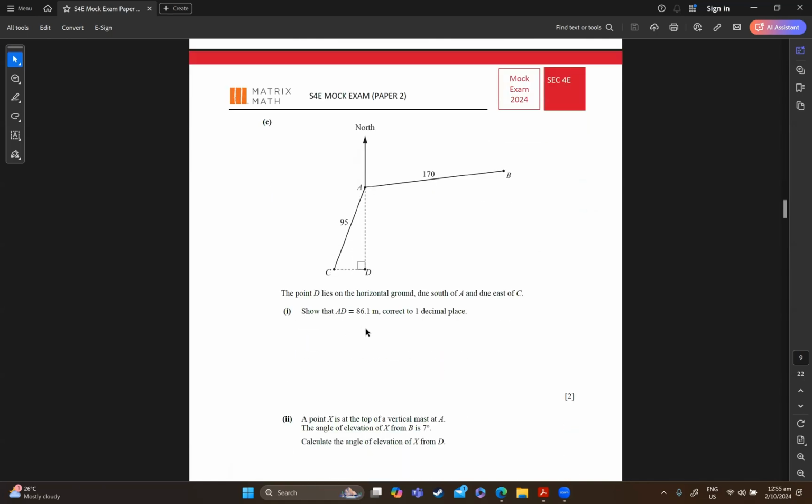Okay, part c(i), show that AD is 86.1. So this is actually based off the diagram above. So we found out that this is 25 degrees, right? So using alternate angles, this should also be 25 degrees.